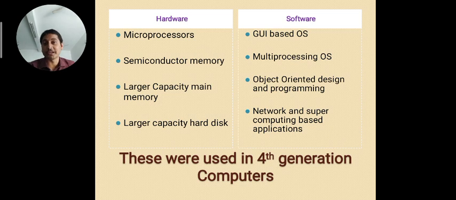This is also a very important concept, and object oriented is a complete book in higher standards. Okay. Network and computing based applications. Means in the fourth generation, some applications were developed that were possible to use on the internet also, network also, and they were also possible to use on the supercomputers.